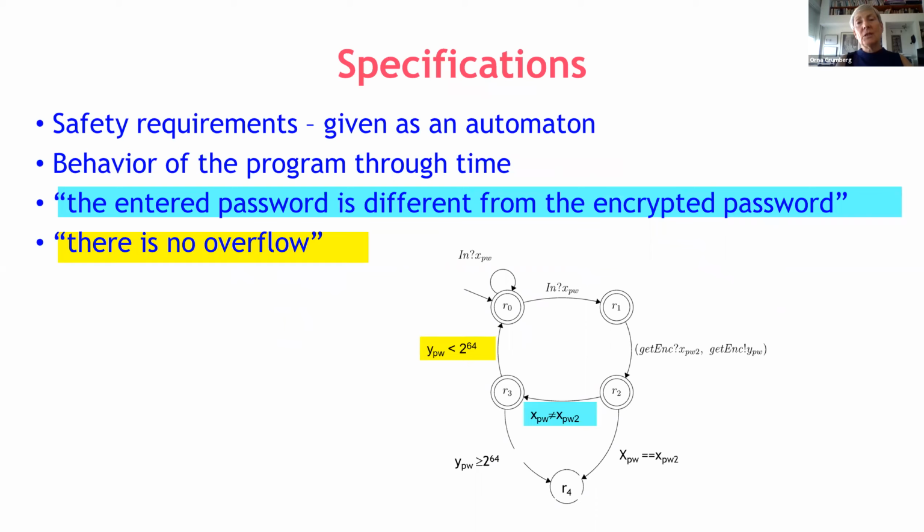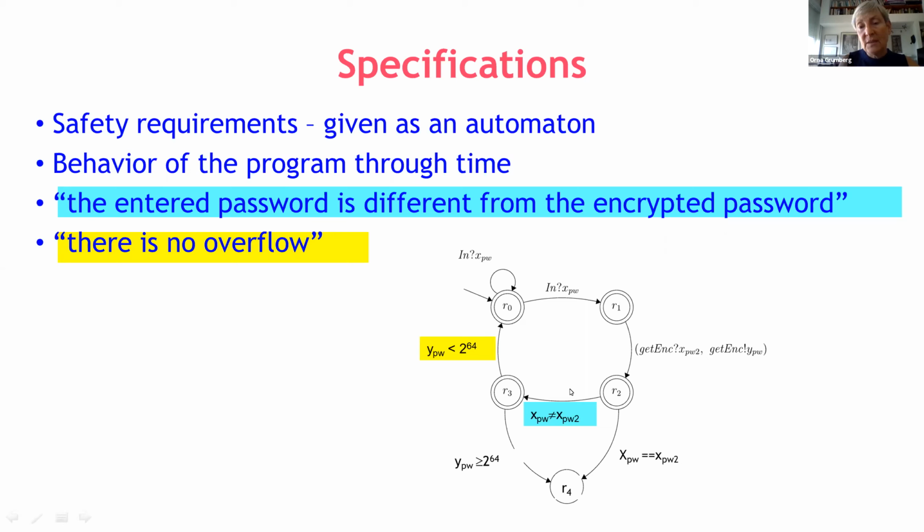The specification is also given by means of an automaton. The automaton may specify a sequence of communication actions that are allowed, but it can also set additional requirements by means of constraints. So for instance here, one of the requirements is that the entered password is different from the encrypted password.